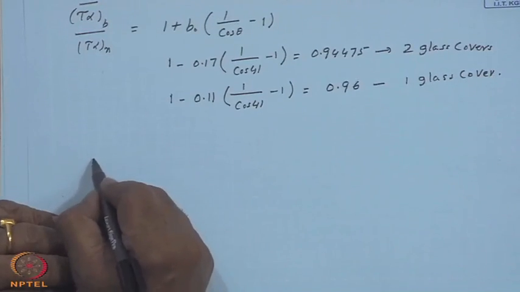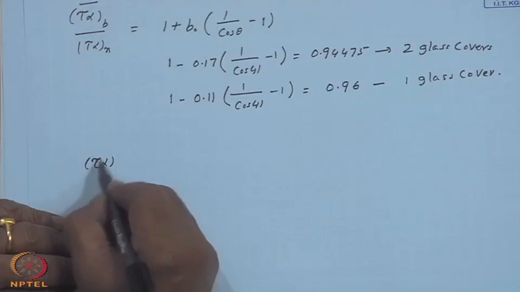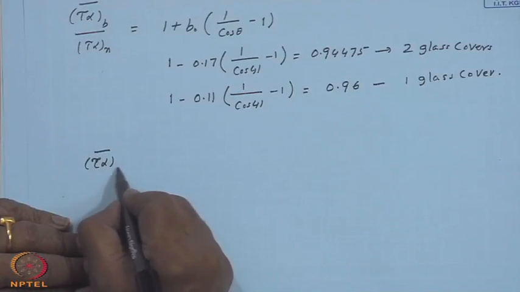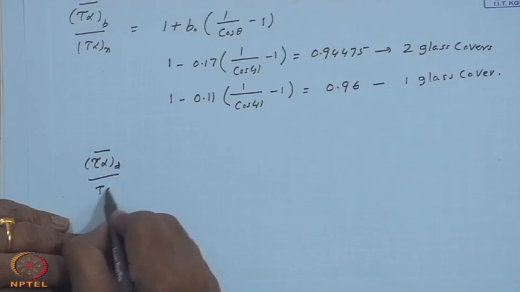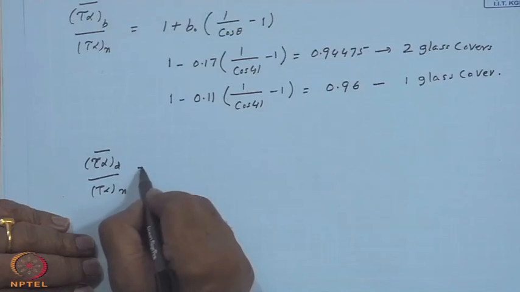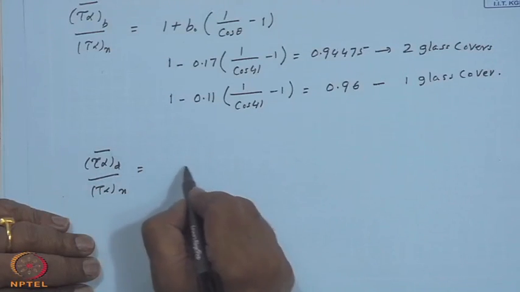Then similarly, tau alpha bar diffuse by tau alpha normal, also in the less than 60 degrees zone.